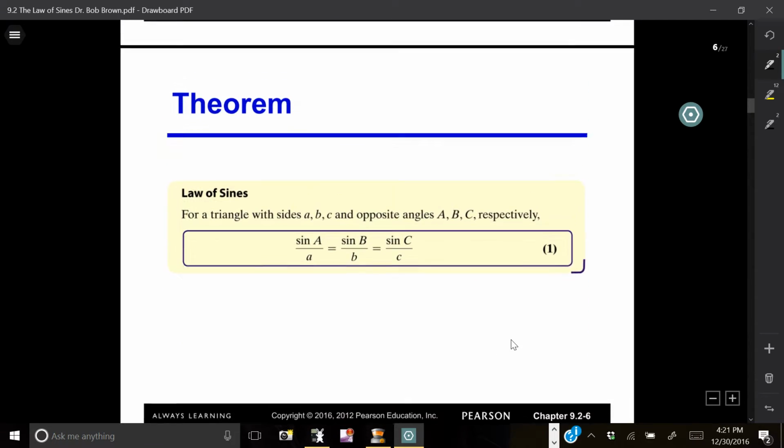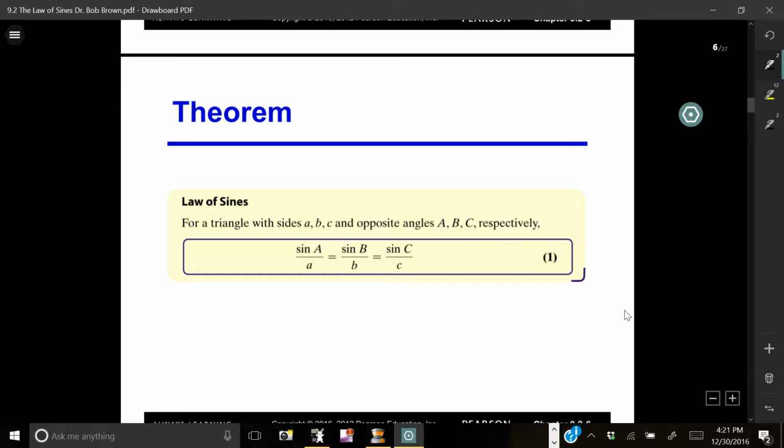Now here is the law of sines. It says if you have a triangle with sides a, b, and c and opposite angles, capital A, capital B, and capital C, respectively, it says that sine of A over a equals sine of B over b equals sine of C over c.